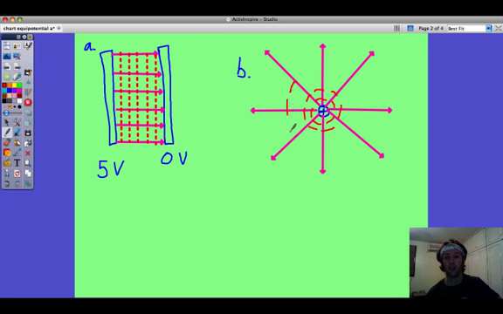Now we should make these a little bit wider as you get out. Because let's say maybe you're at 10 volts here, and then 9. To drop down to 8, you're going to have to go farther, and then maybe we'll go up to 7 volts here. But the key is everything along this circle is at the same potential.